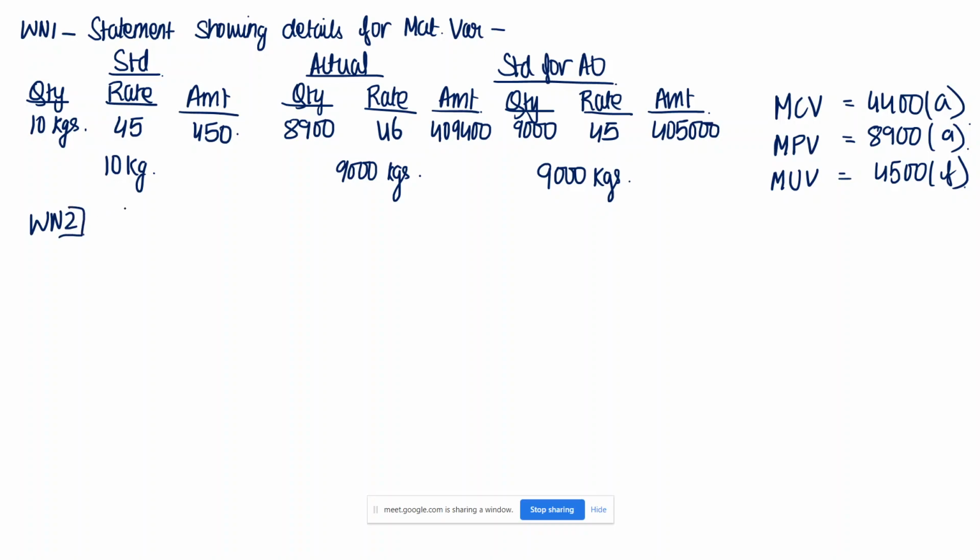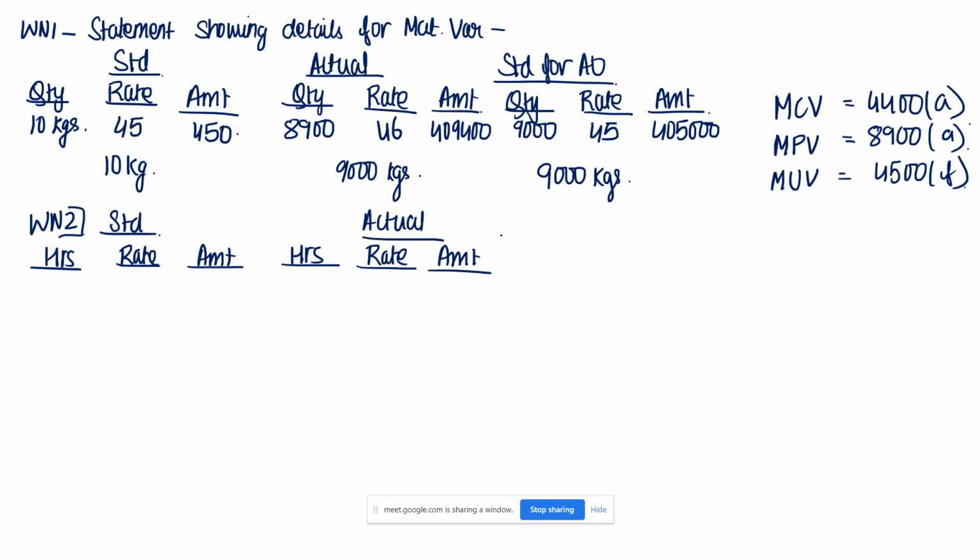Labor. Again, same thing: standard hours, rate, amount. Actual hours, rate, amount, and standard for actual output hours, rate.